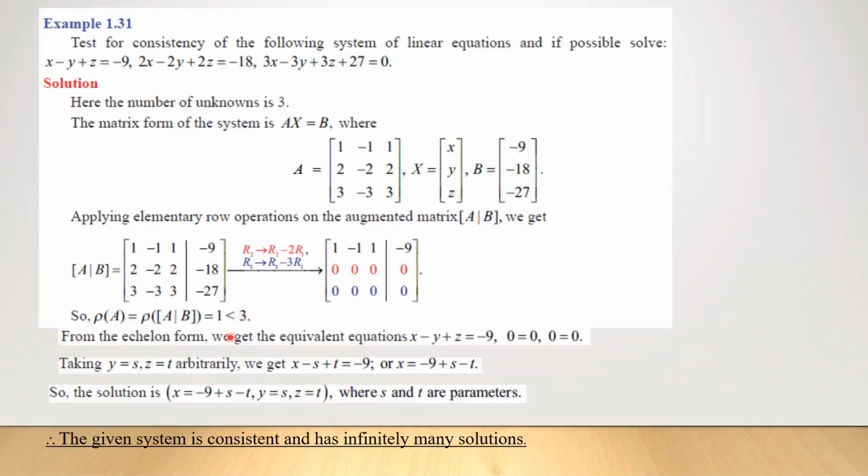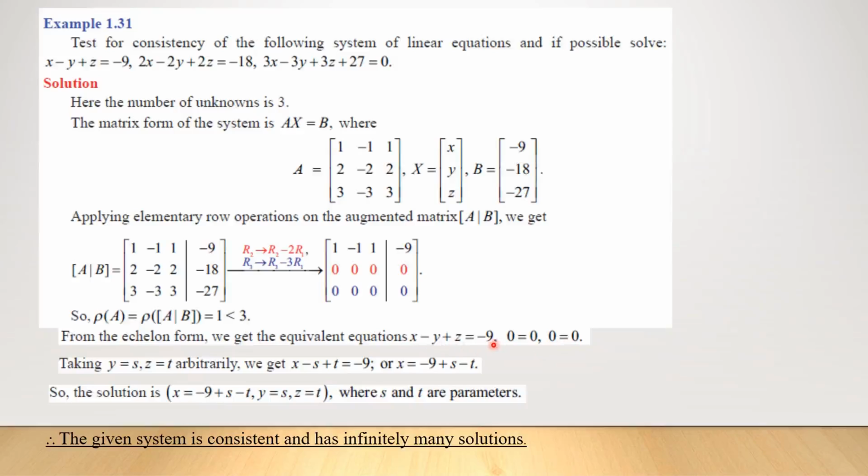In the table, we studied that if it is 1, it means a 2 parameter family of solutions. In this equivalent matrix, when we convert to equations, we will get only one equation, and the remaining two are zero. That is, for 3 unknowns, we have only one equation.